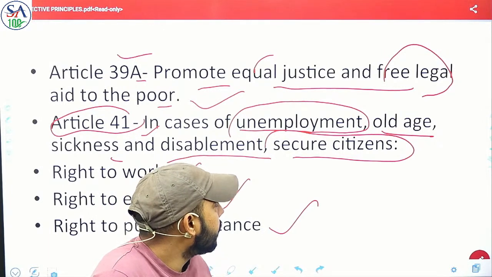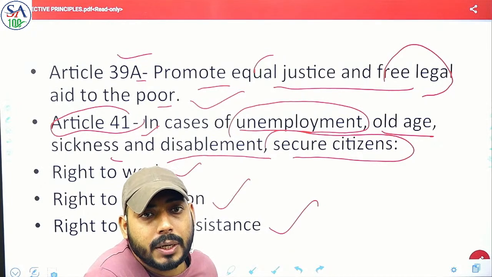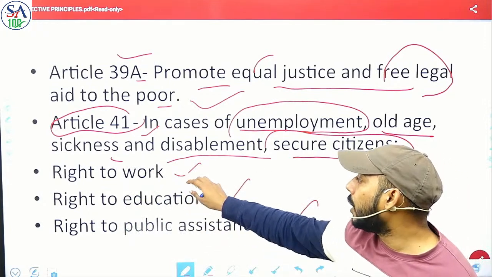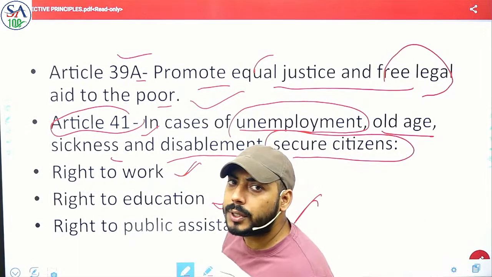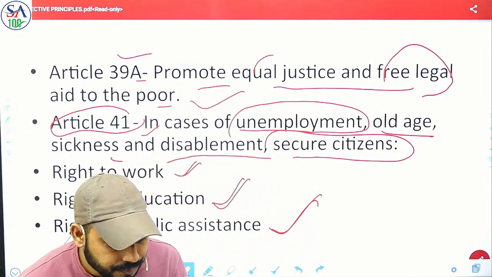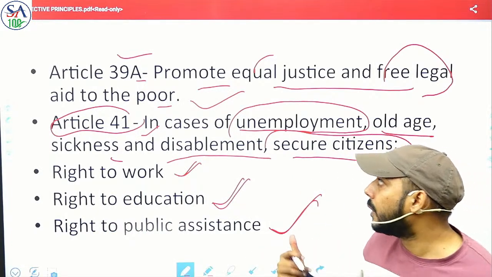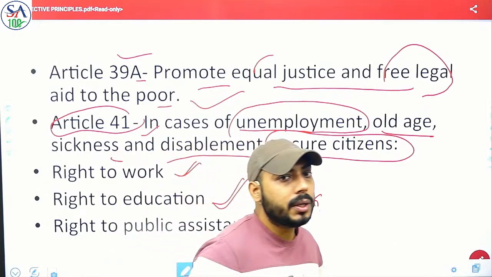In that regard, it is the responsibility of the government to ensure right to work, education and public assistance. This was done through different means. So we have seen Article 39A and 41. Now we are moving toward the next article.